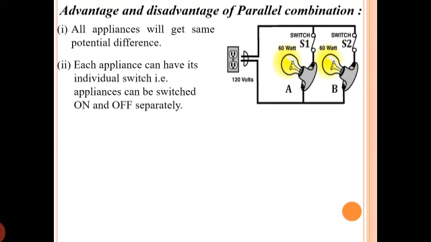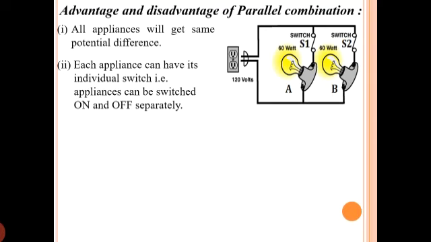Same with bulb B, that is S2. The bulbs A and B are in different paths. So even if switch S1 is off and bulb A will not work, bulb B can work because S2 will be closed. If S2 is closed, the current can flow through B.